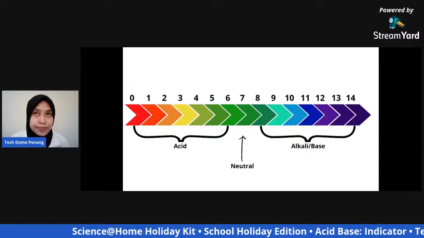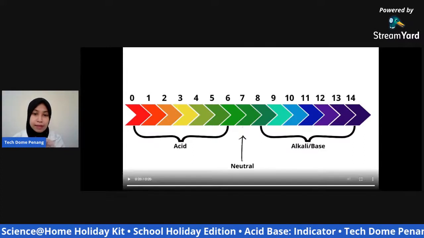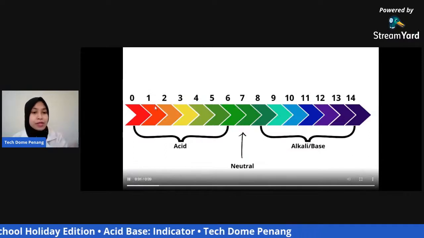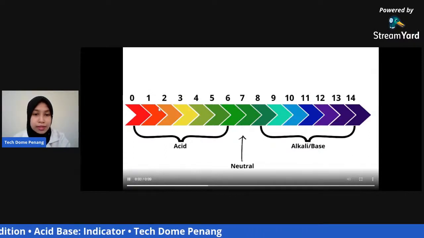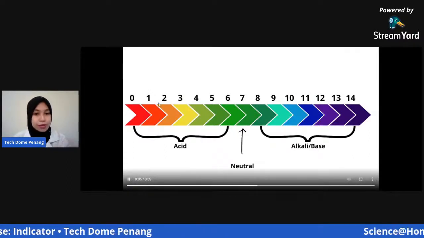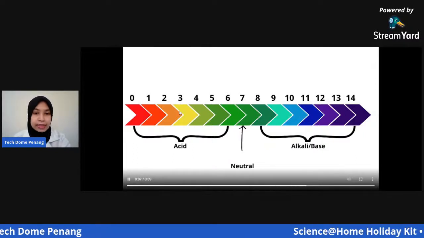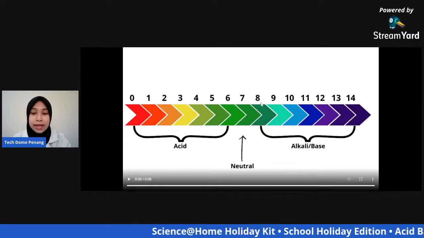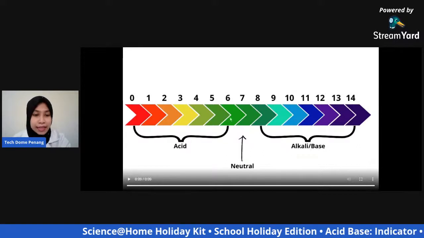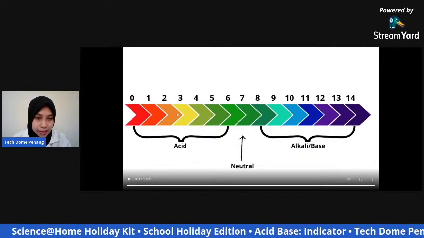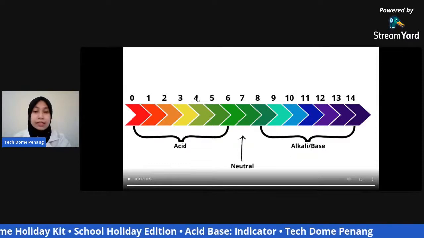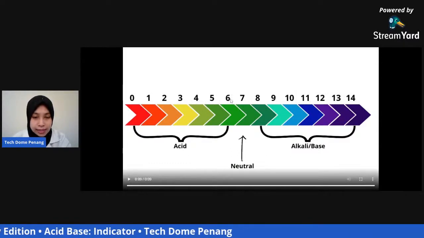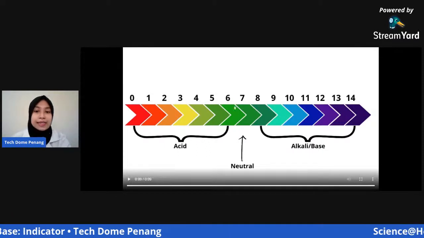For acid, the pH value, those numbers on top, is actually the pH value. From 0 to 6, sometimes they don't include 0, 1 to 6, is acid. Then 7 is neutral, and 8 to 14 is alkali. Acid from 1 to 3 is called strong acid, and 4 until 6 is called weak acid.